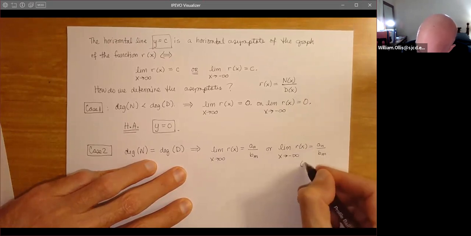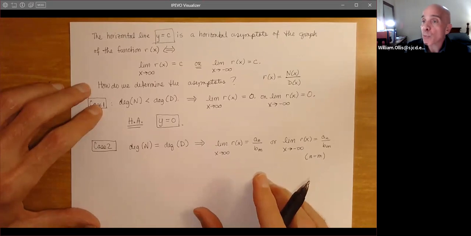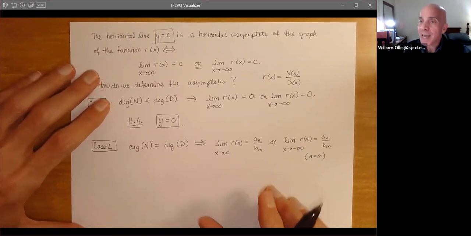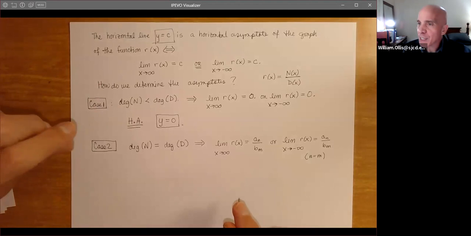So basically here we have N equals M. And this is where students say, oh, the ratio of the leading coefficients. The idea is that when the degrees are the same, the X values basically absorb. And the only thing that's kind of left living is just those ratio of leading coefficients. And so that makes for an easy asymptote.